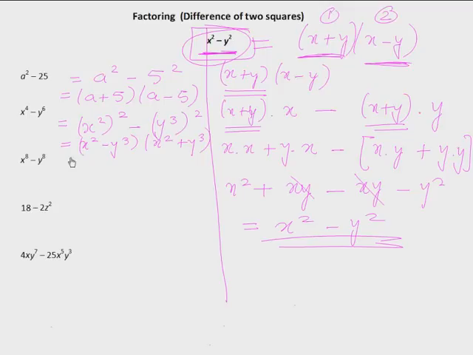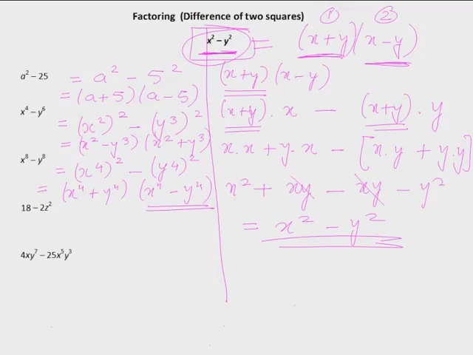How about this? Again, I have to write it as a difference of squares. So I'll write it as x^4 squared minus y^4 squared. So this becomes (x^4 plus y^4) into (x^4 minus y^4). This is interesting.